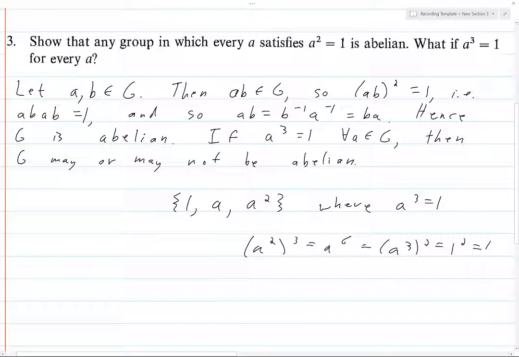And so this is a group, and every element cubed is 1. And because multiplication of integers is commutative, the exponents are commutative, and so this group is commutative.